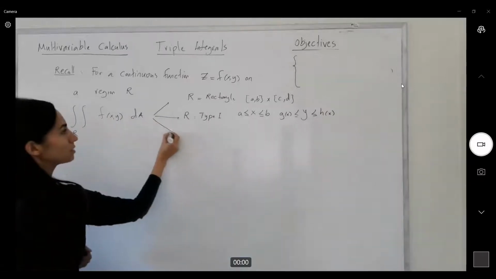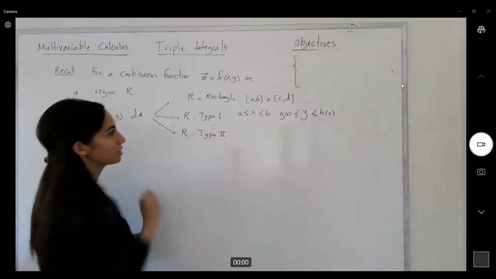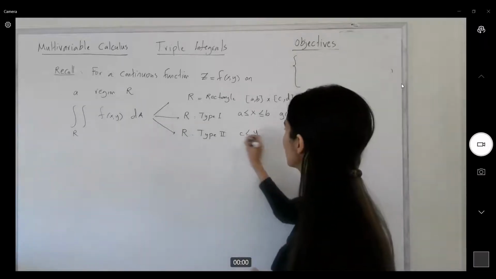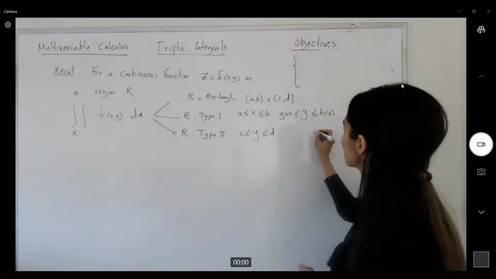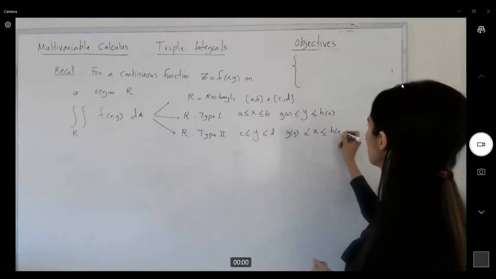Or we have type 2 regions, where y was in between two constants like c and d, and x was ranging between two functions like g of y and h of y.